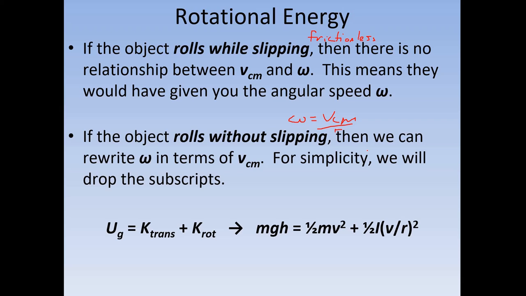If it says it's rolling while slipping or that it's frictionless, we're not going to want to replace the omega with V over R. We're going to want to find what the value of omega is in some other way. So when you use this equation, regardless of the scenario, we're still going to do UG equals K trans plus K rotational. It's just whether or not we replace the omega with V over R. All right, and that's definitely the key aspect.